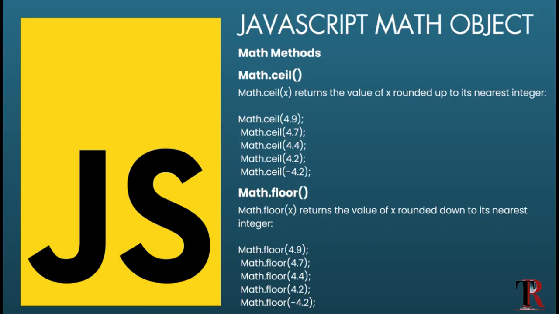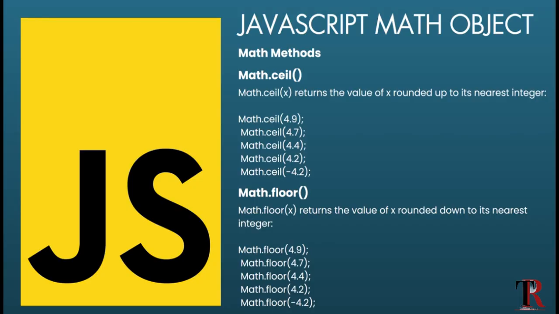Moving on from that, we are going to be looking at two other methods of working with the Math object in this lesson. The number one method is the Math.ceil method. The Math.ceil method returns the value of x rounded up to its nearest integer, where x simply represents a number.